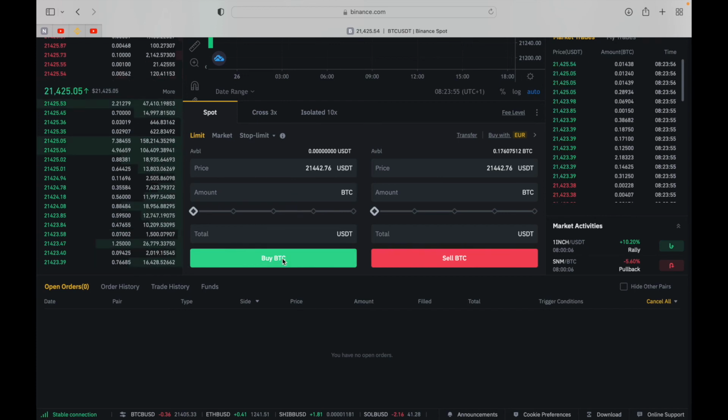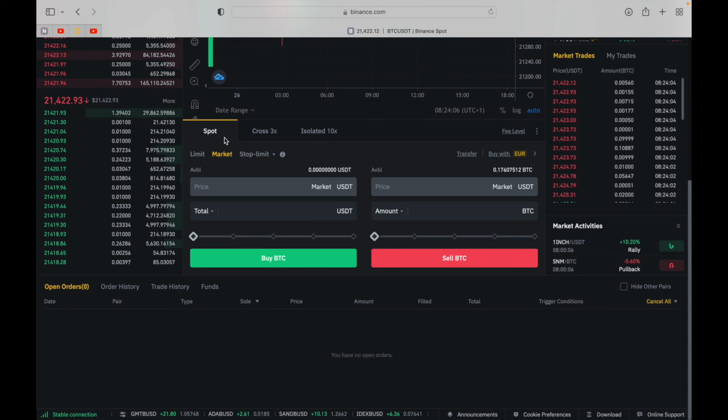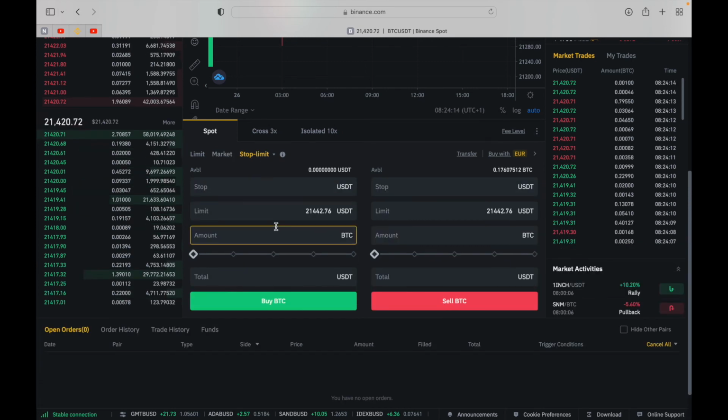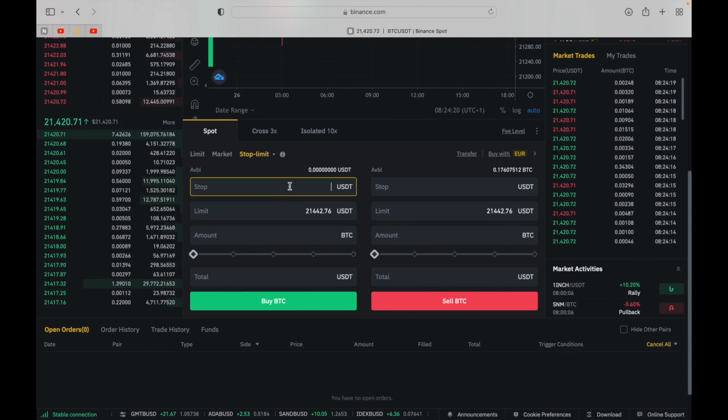When the market is at a particular price, we can buy BTC with USDT, and when it gets to a particular price in USDT, we can actually convert back to USDT. That is our stop limit.